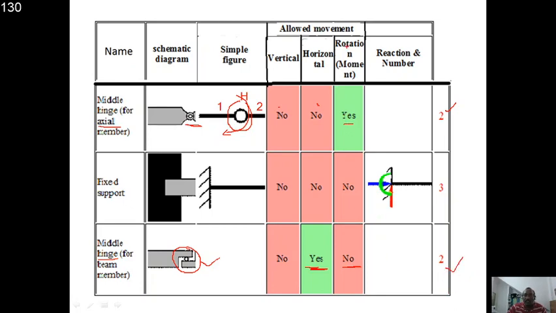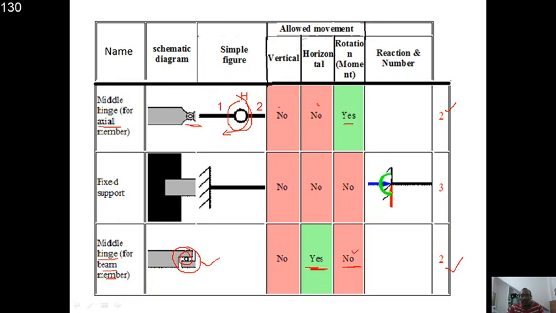But please see here, when we provide a hinge in between two axial members, it does not resist rotation; it allows free rotation. But when we use the same hinge in between beam members, at some distance from top to bottom, we arranged it like a couple arrangement. Then it has resistance against rotation.